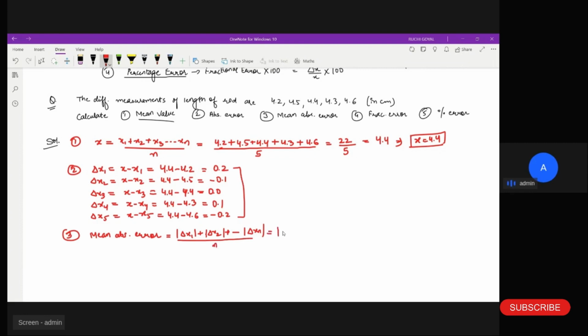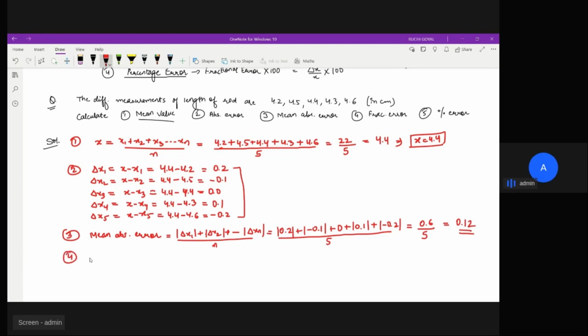So it is mod of 0.2, minus 0.1, 0, 0.1, minus 0.2, divided by 5. 0.2 plus 0.1 is 0.3, plus 0.1 is 0.4, plus 0.2 is 0.6. So 0.6 divided by 5 is 0.12. This is the mean absolute error.